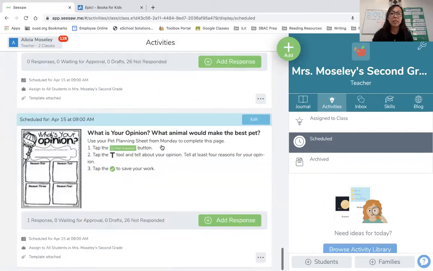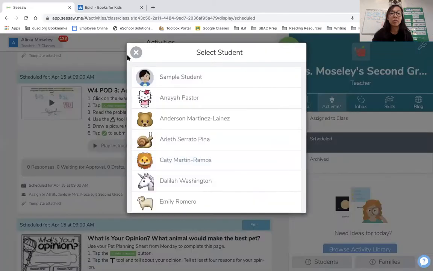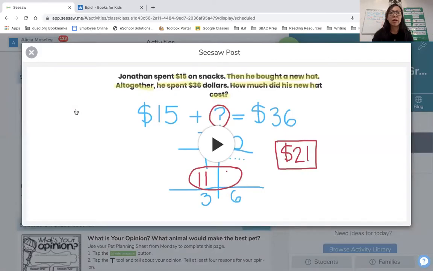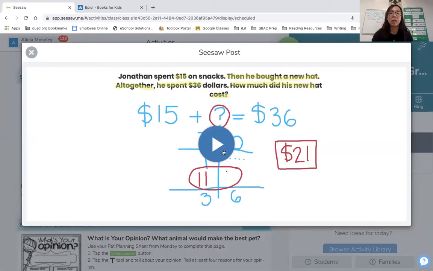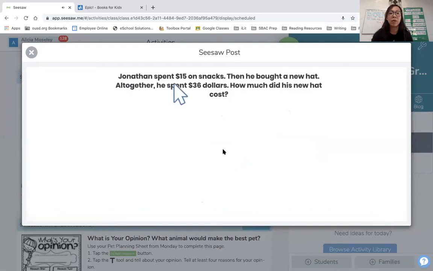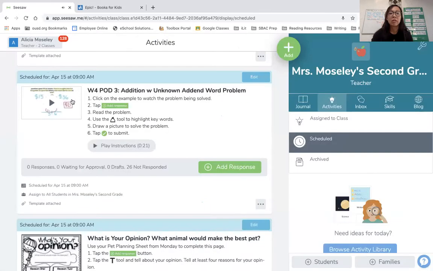Actually, guys, when we look at the problem of the day, I had a friend yesterday who didn't know that they could click on this side part here right next to the instructions and get another example. You can click on that, and Miss Moseley will be doing another problem to show you how. So always click on that to get another example of how to do the problem.